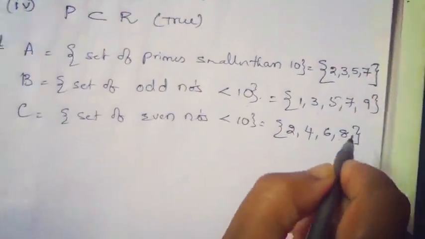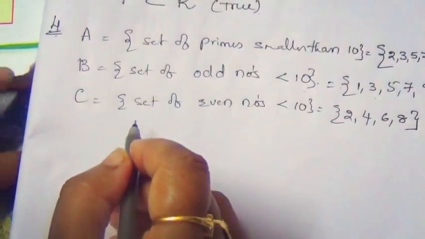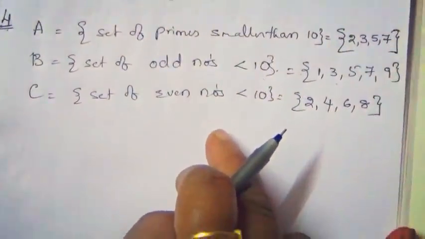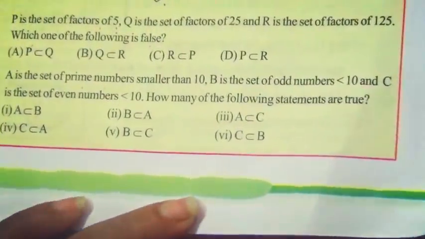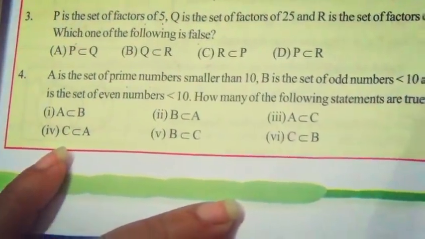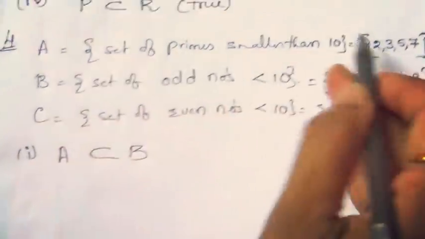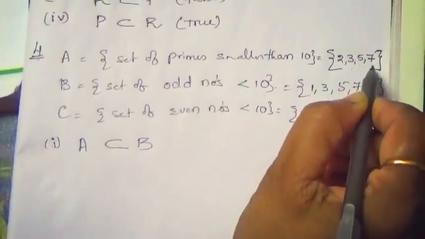So, how many of the following statements are true? Just like the third sum, he was given some statements. So we have to choose the true statements this time. The first statement, that is A is a subset of B. Look here. A has 2, 3, 5, 7.